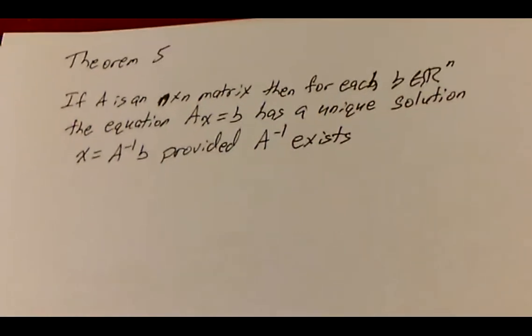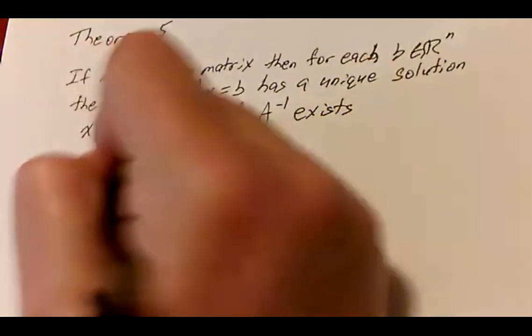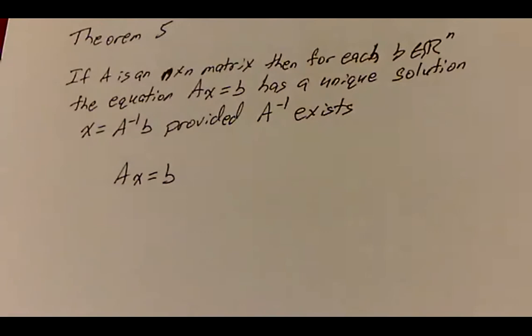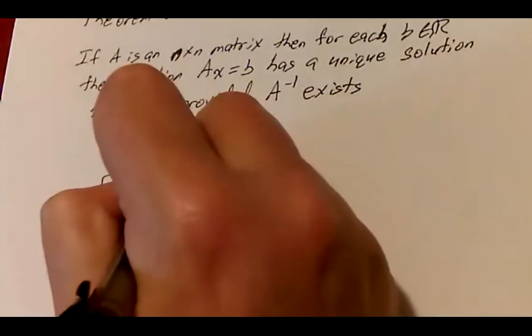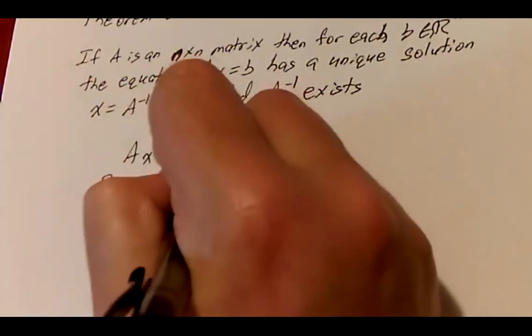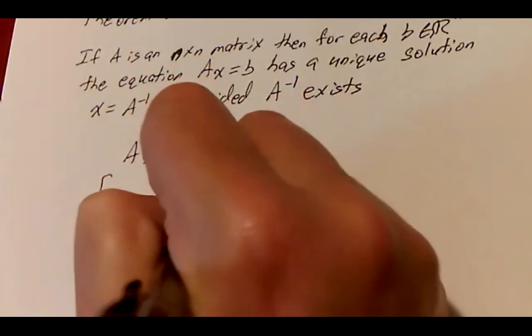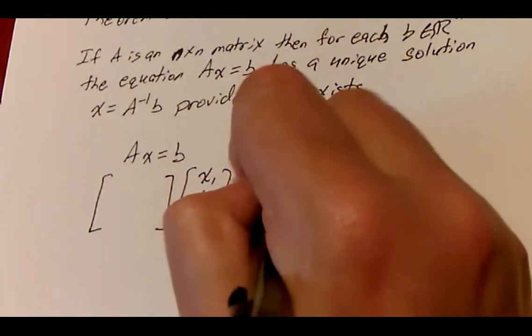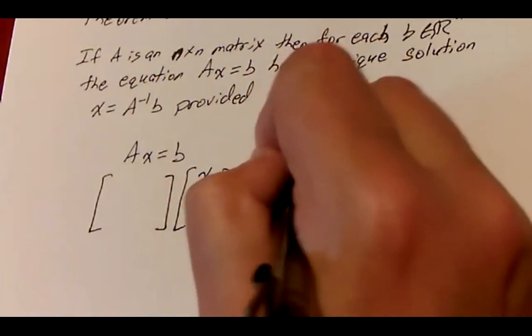Now, what else do we know about this type of matrix equation? If I have Ax equals b, that means I have a matrix A times some vector x, which we'll represent in our usual way, equal to some b vector as a solution.